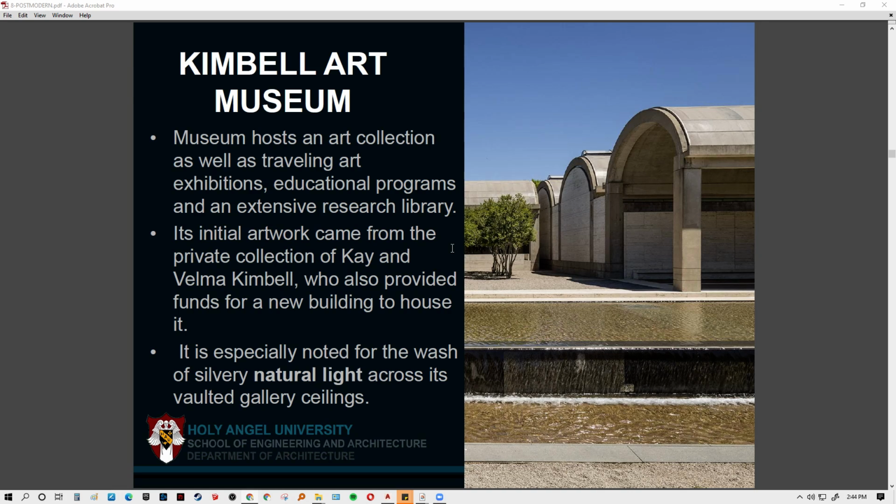So it is an art museum, and also used for programs and a research library as well. So its initial artwork came from the private collection of Kay Kimbell, who funded the new building to house it.